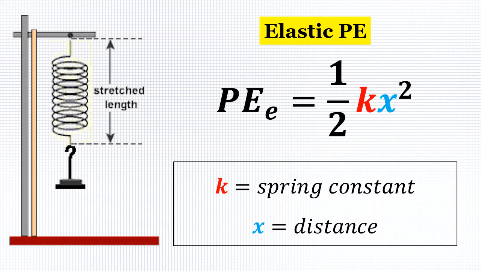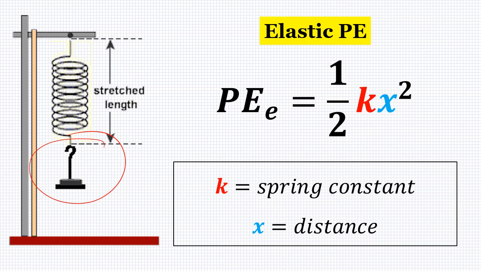All right, let's talk about elastic potential energy. With elastic potential energy, again, we're talking about springs or rubber bands or some kind of object that has some elasticity to it. I've got a picture here, and as you can see, we've got a weight attached to a spring, and that weight is pulling down on the spring, stretching it out.